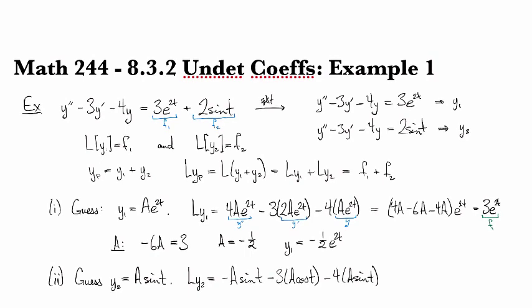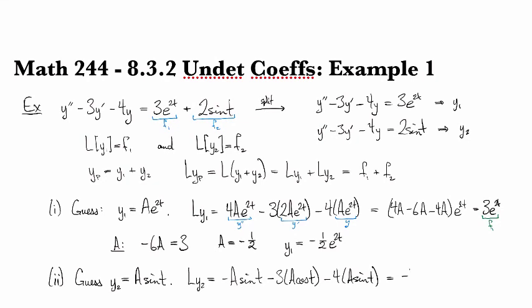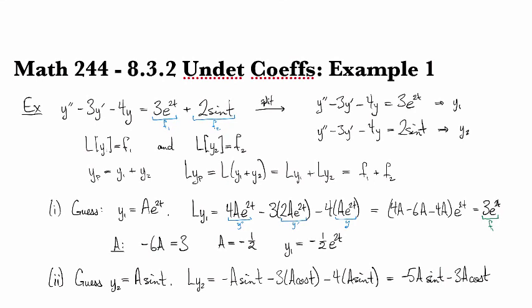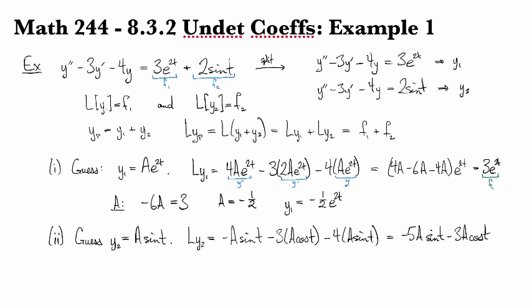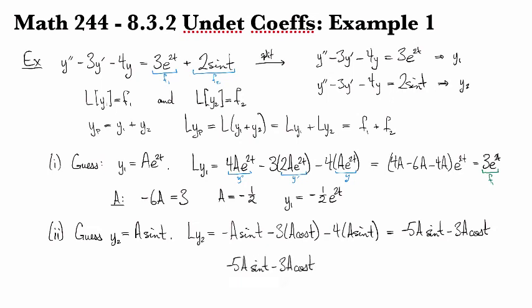And so gathering this all up, I have minus 5A sine t minus 3A cosine t. And so this is supposed to be equal to f2, and f2 was 2 sine t.